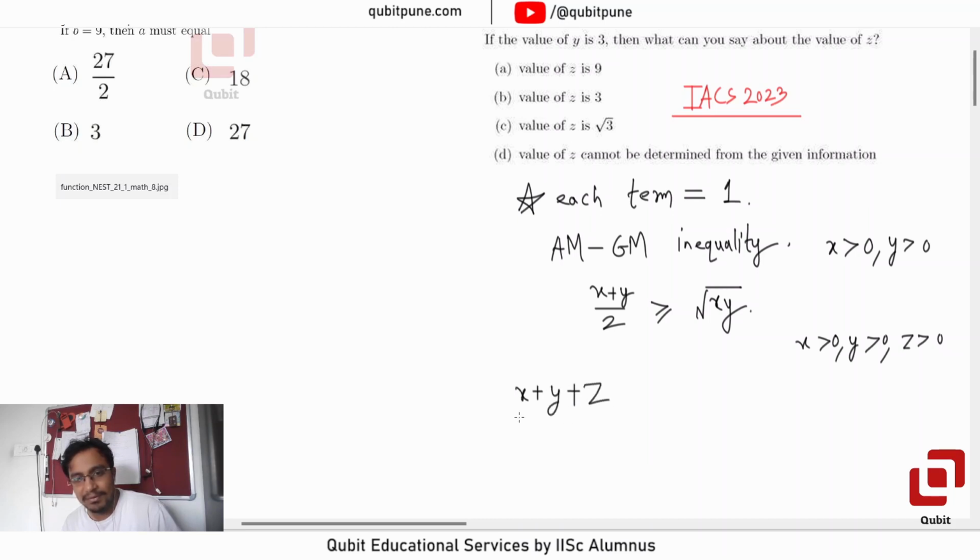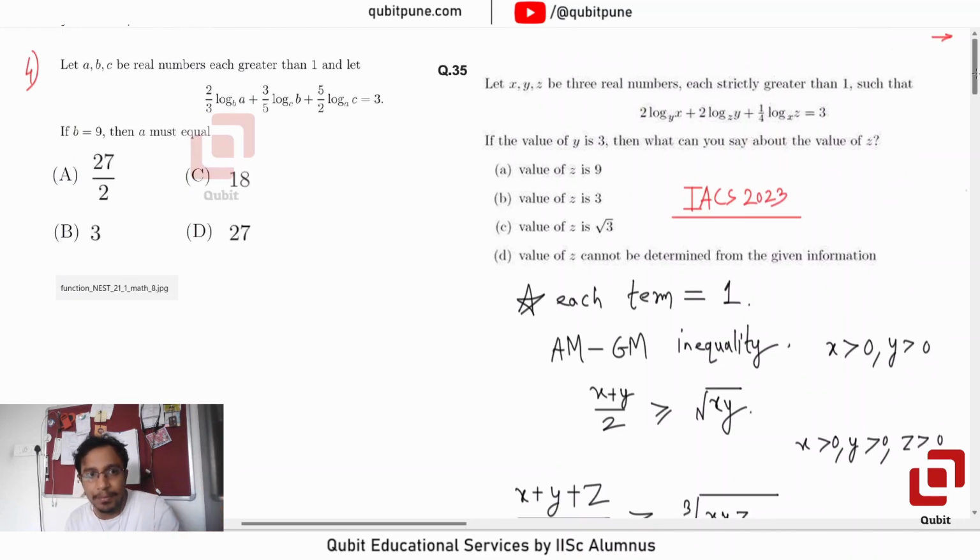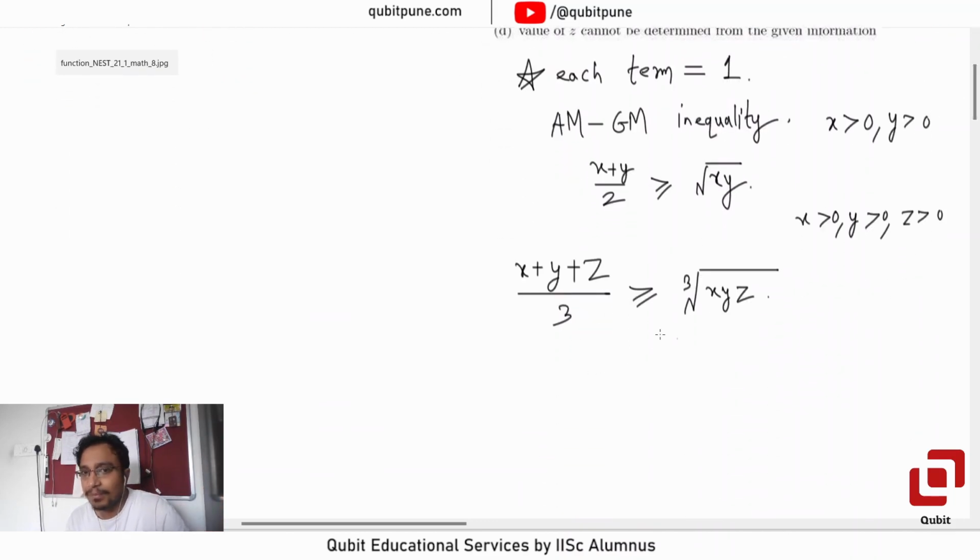So (x plus y plus z) upon 3 is greater than or equal to the cube root of xyz. Now I will show you that our equation in both the problems actually boils down to the equality part. Now there's one thing about the AM-GM inequality, and that is when x, y and z are equal, inequality becomes equation.